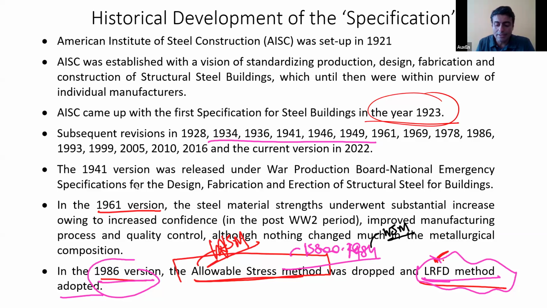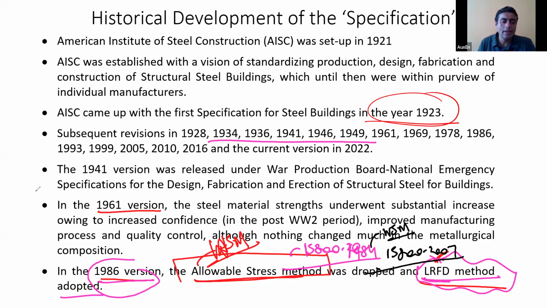IS 800 1984, the Indian code, deals mainly with the stress-based approach, where you find the permissible stress and ensure that the stress levels in the member are maintained below the permissible stress levels. But then when the new IS 800 was launched in 2007, you see a shift to the limit state based approach.